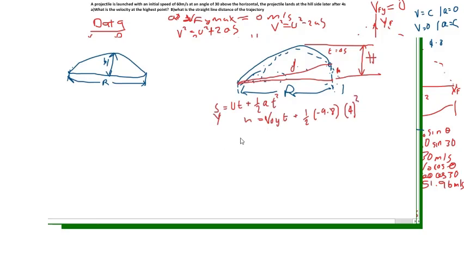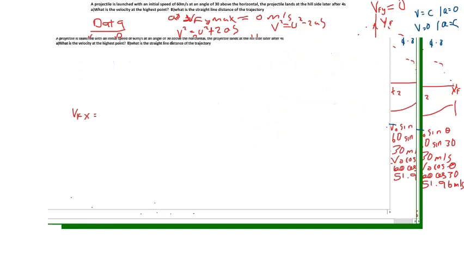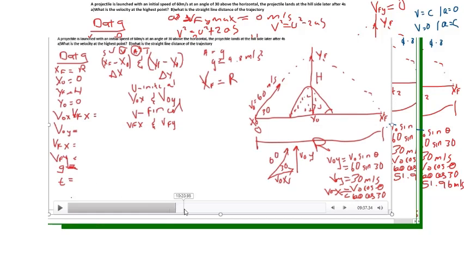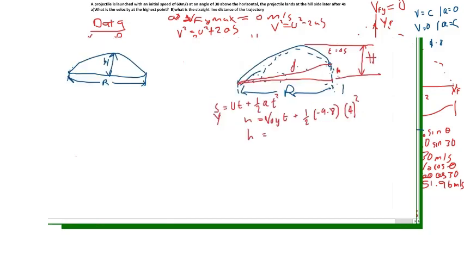So even here I put the values. The y initial we found, I show you, is 30. So we're going to put 30 where there is y initial. Then time is 4, plus half times negative 9.8 by 4 squared.